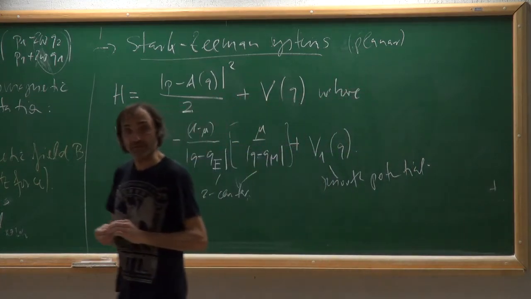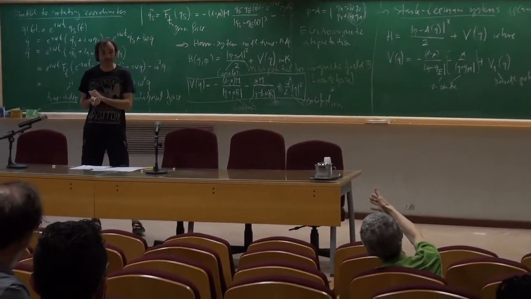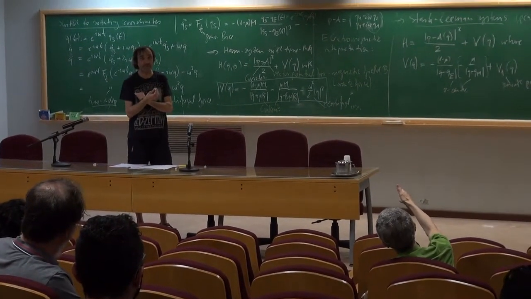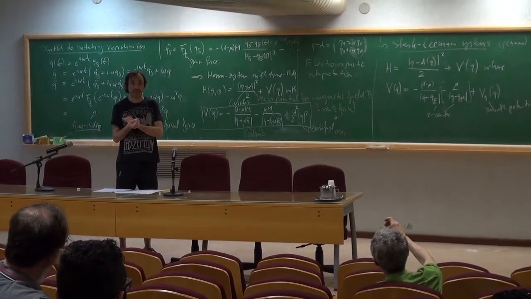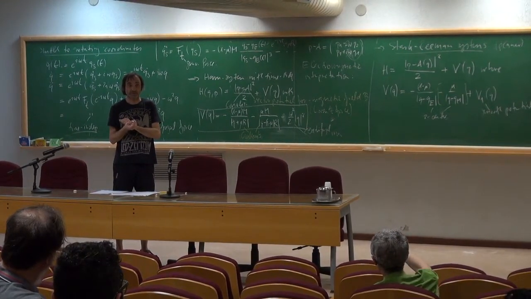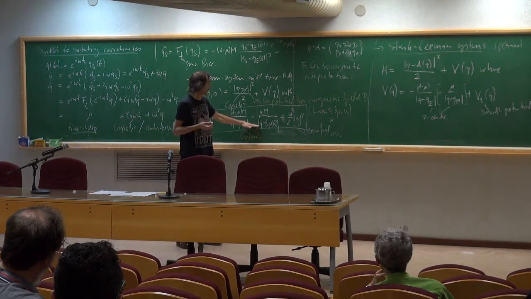In this case, because here you have the magnetic potential or the magnetic field and the force, what would be the analogous electric force in this potential? No, the electric forces are the two Coulomb forces.